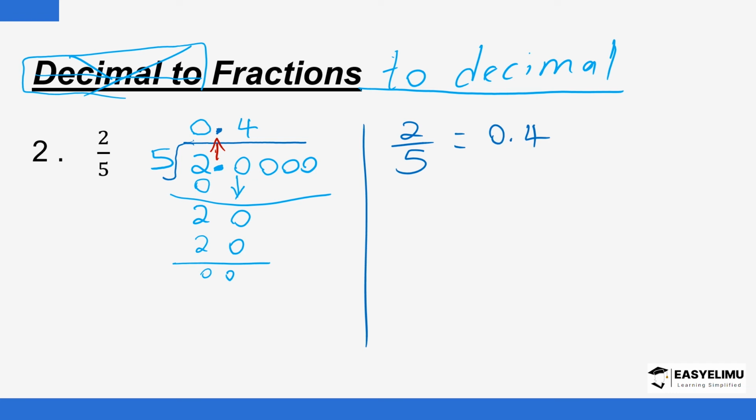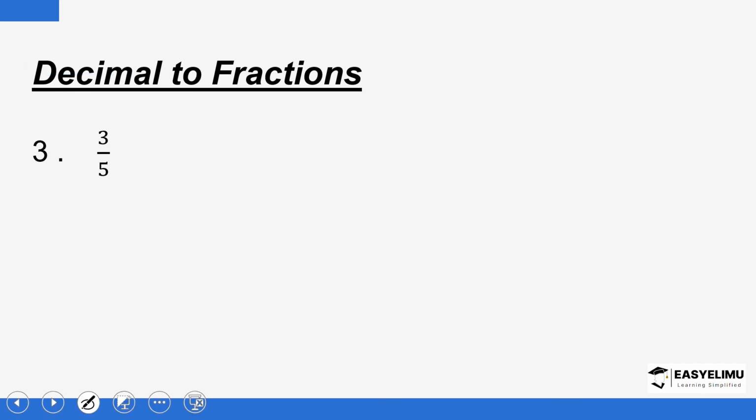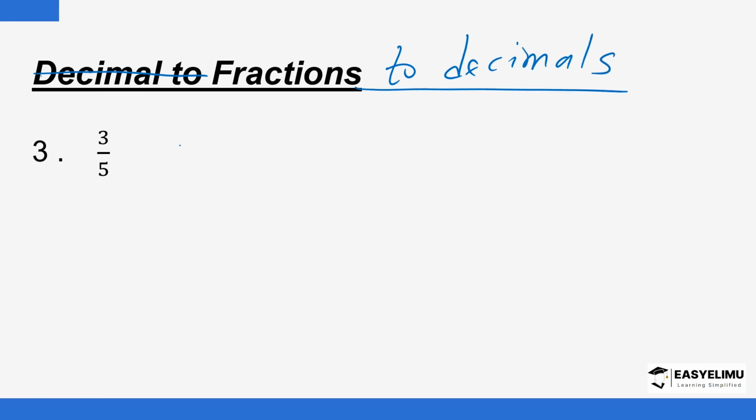Remember, this is fractions converted to decimals. Again, we have this fraction here. The dividend here is 3 and the divisor is 5. Again, you can add as many zeros as you may be interested in after the decimal point. So 3 divided by 5 is not possible.